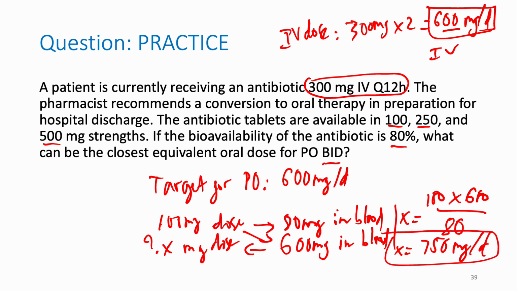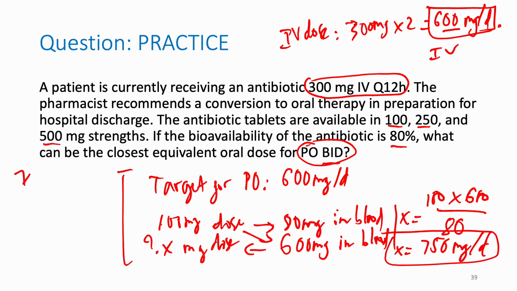So that means if you use an oral, you should take around 750 milligram per day so that you will get 600 milligram of drug in the blood. Because the question asks for oral 2 times a day, and the available strengths are 100, 250, 500 milligram, you can have several possibilities.